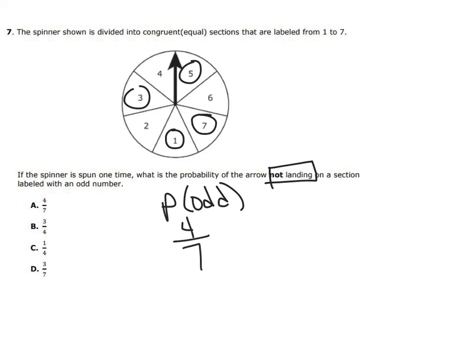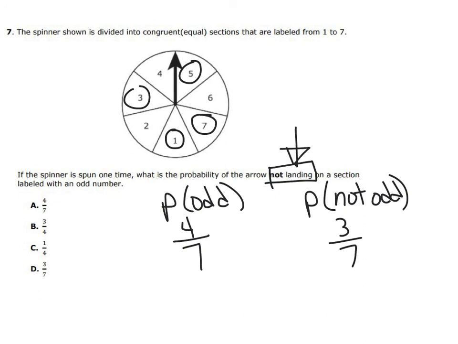And actually, a lot of you picked A, and that would be incorrect because they're asking for the probability of not odd. And that would be 3 out of 7. So remember, please do not forget the not. When you do that, that means your answer will be incorrect. So make sure that you are looking at that. When you finish up, your probability should equal 1.